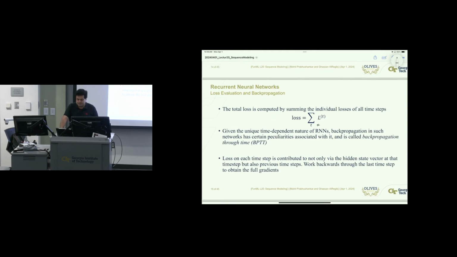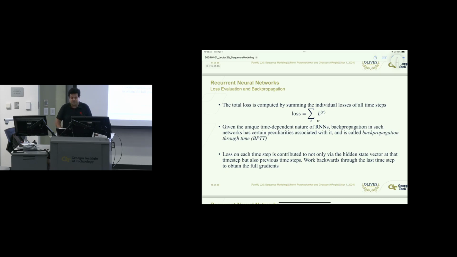So that brings us to the next part of the lecture, which is, okay, how is loss and backpropagation actually done? So the backpropagation here has a unique name for itself, which is BPTT, which is backpropagation through time. The main idea behind this is that I need to now update across different characters, right?